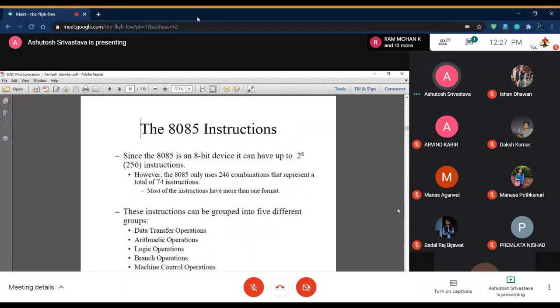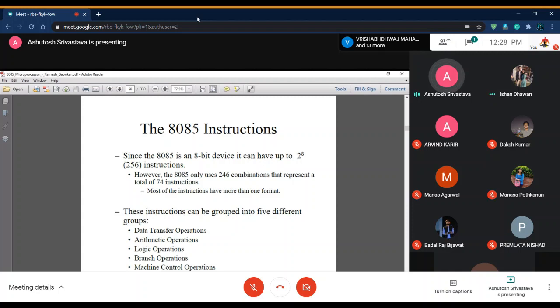Fourth one being the branch operations. And the fifth one being the machine control operations. So remember, we are only talking about 8085 instructions.